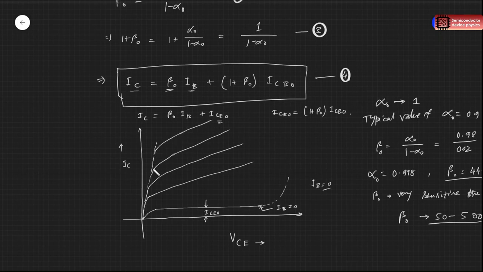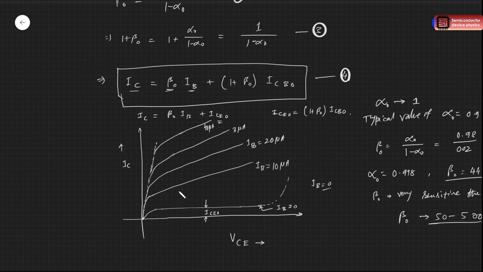Okay, so it's something like this. So this is for IB was 0. Now here IB order is microamperes, right? So you can write it as 10 microamps, for example, and this is maybe IB is 20, 30, maybe this one is 40 microamps.